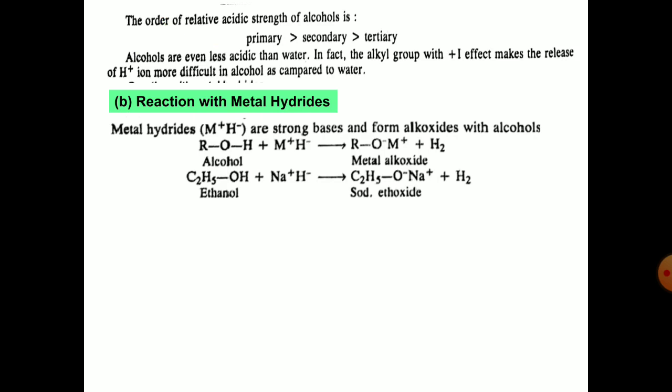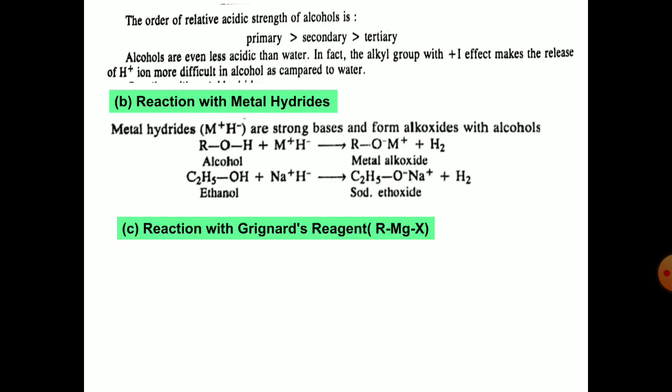What happens? The H of alcohol will be replaced by M. So we get metal alkoxide plus hydrogen, ROM plus H2. For example, ethanol plus sodium hydride, NaH, gives sodium ethoxide plus H2.